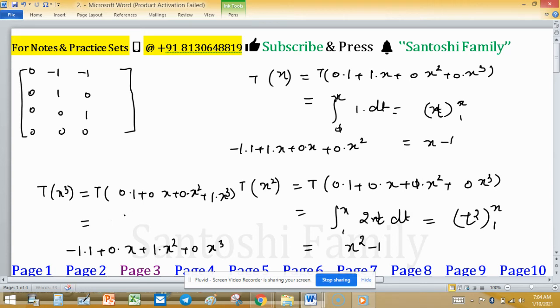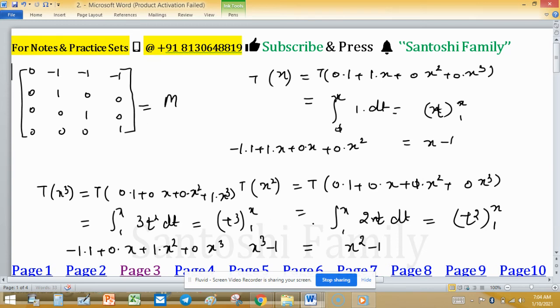Applying T, it will become integral from 1 to x, and its derivative will be 3t square dt in terms of t, and its integration will be t cube from 1 to x, and this will become x cube minus 1. So minus 1 0 0 1. So this is my M, call it M.